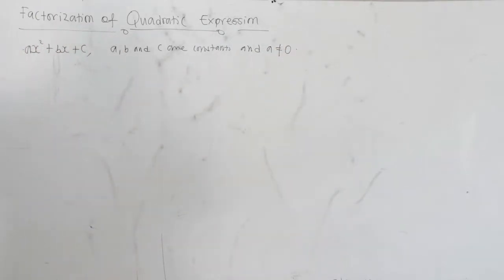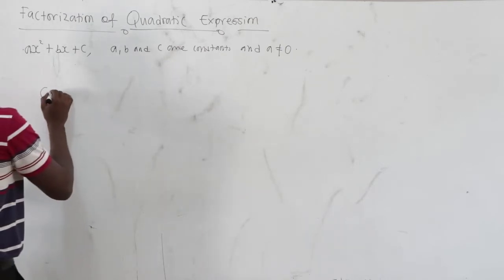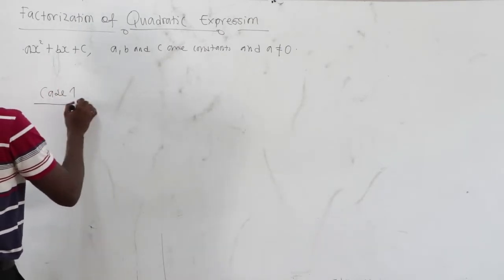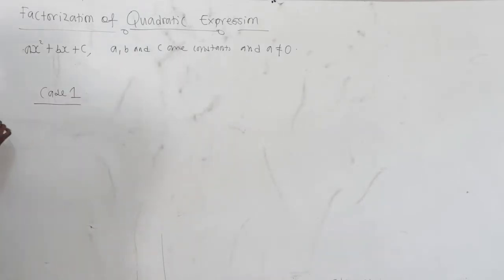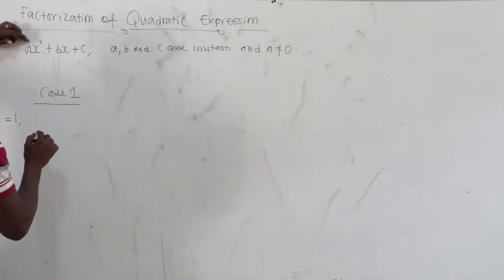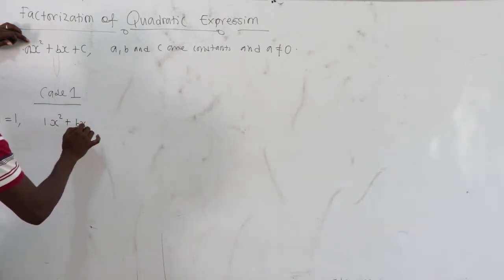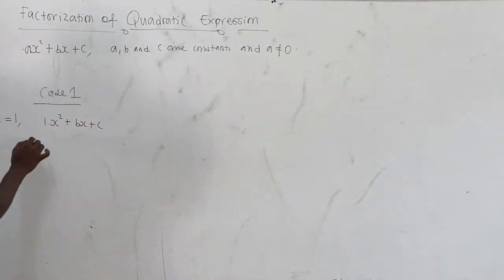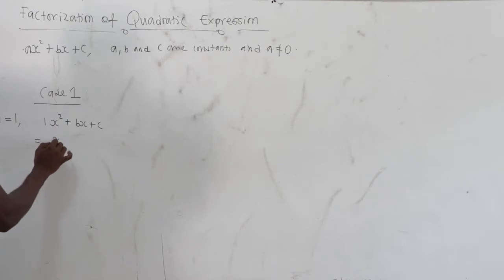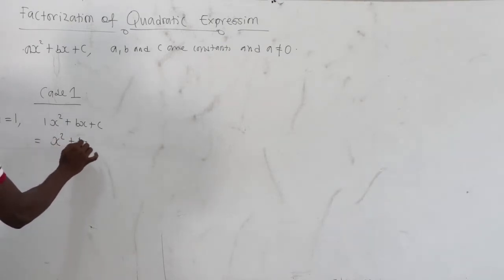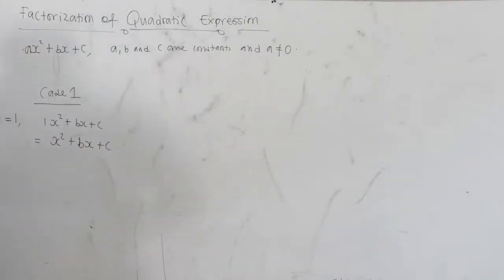To factorize this, we have two cases. Let's consider case 1. Case 1 is when a is equal to 1. So when a is equal to 1, our quadratic expression becomes 1x squared plus bx plus c, which is just x squared plus bx plus c.